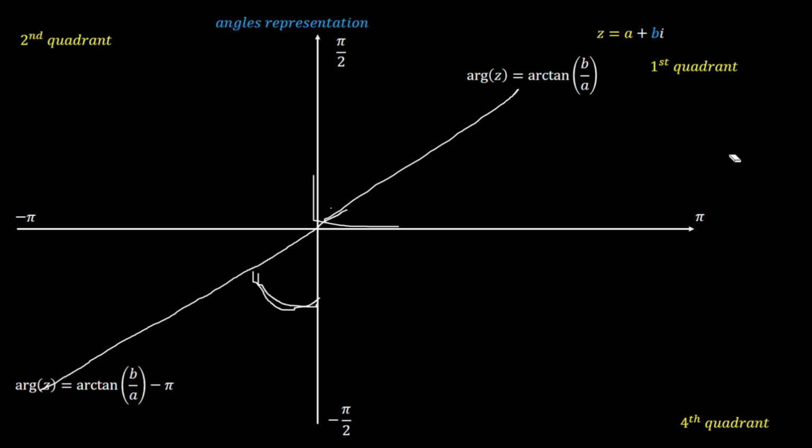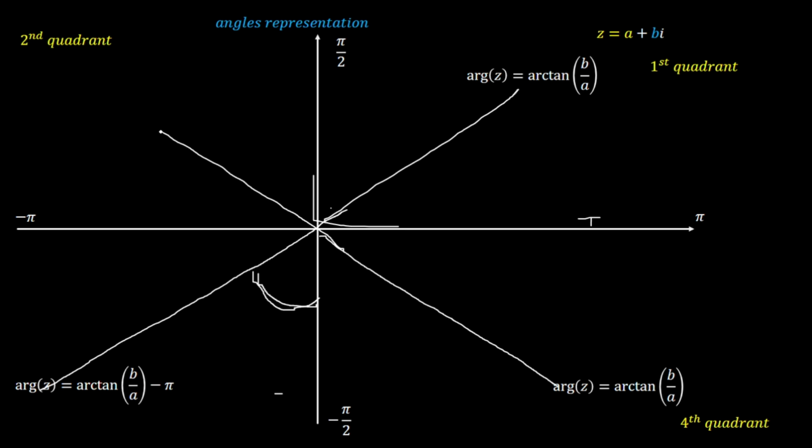Okay, then moving on to this other quadrant, which is exactly the mirror image of the other one. Here is positive and negative, exactly the mirror image of it. That will also be arc tan b on a. But now the question comes where we extrapolate to this point.